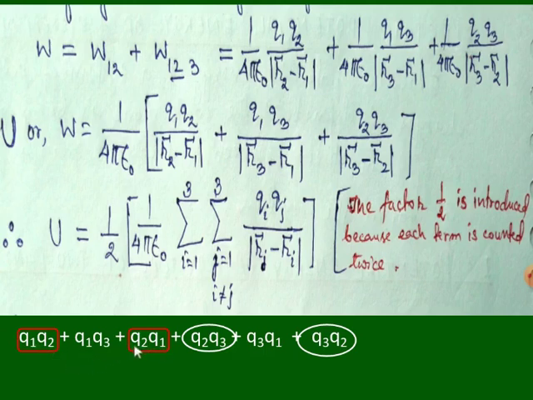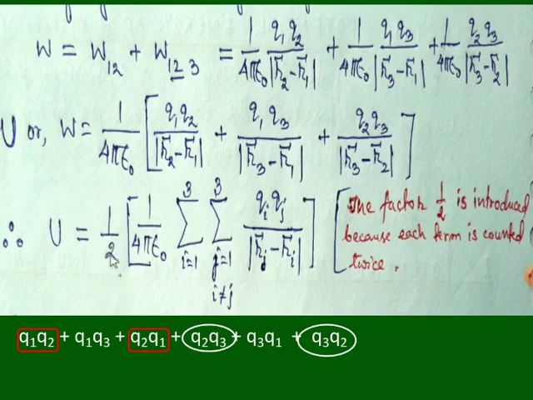Here also Q2 times Q1. That is also the same: Q2 Q1 is equal to Q1 Q2. And for Q1 Q3, another Q3 Q1 is there. So Q2 Q3, Q3 Q2. These similar terms are coming two times. So just to cancel that doubling, you divide it by 2. That means half.